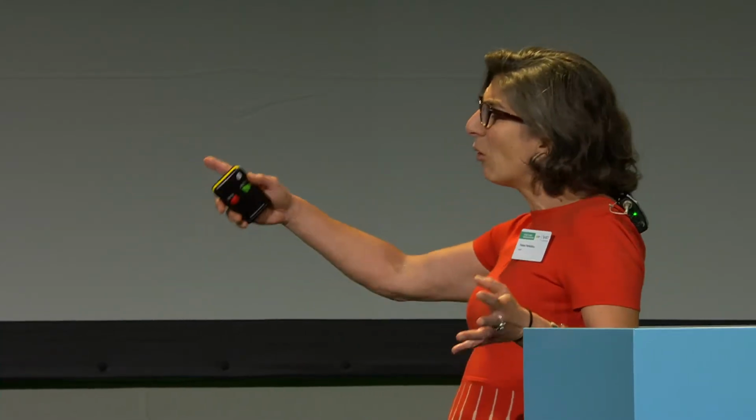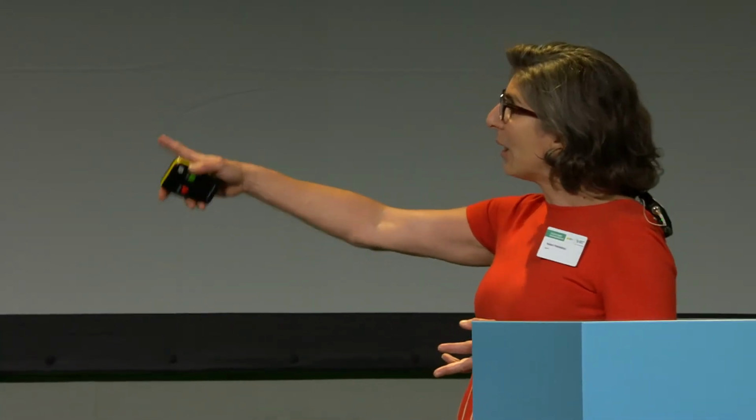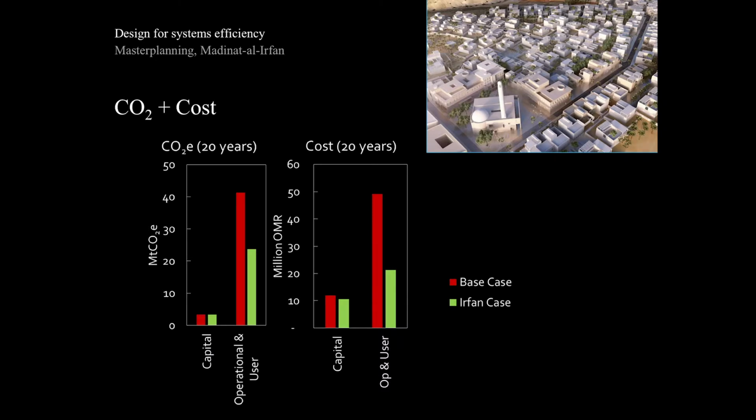So with the same or similar capital carbon and cost investment as the business as usual master planning approach of a development, you can achieve at least 50% reduction of operational user emissions over the first 20 years as a comparison stage of this project, and pretty substantial cost savings as well.